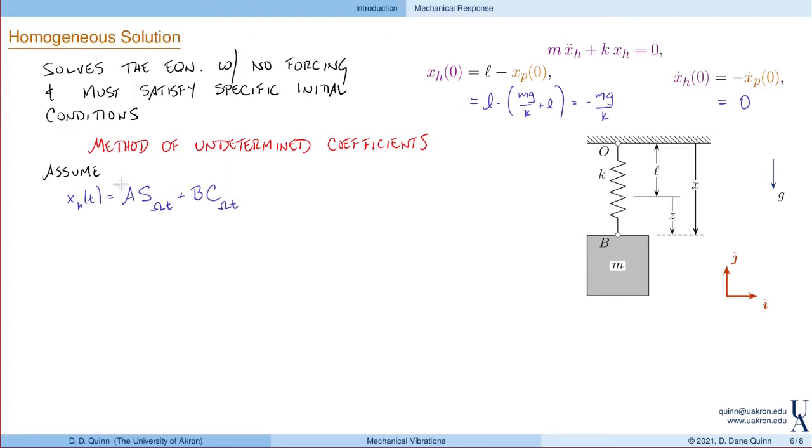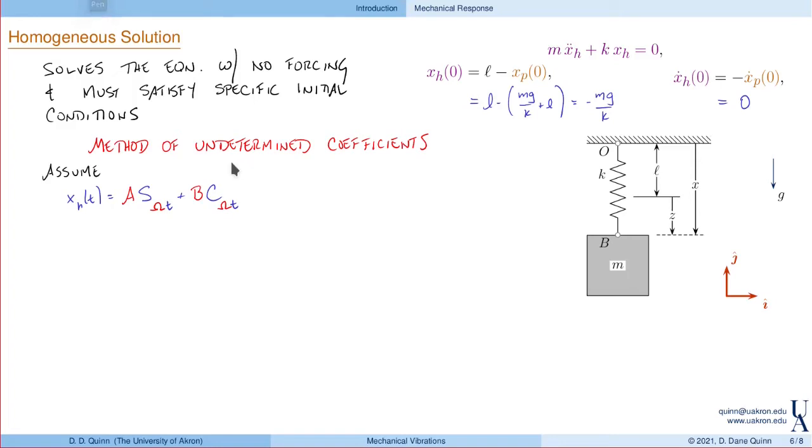Really, this A is unknown, B also unknown, and then the frequency is unknown. So we need to choose A, B, and omega so that this works.